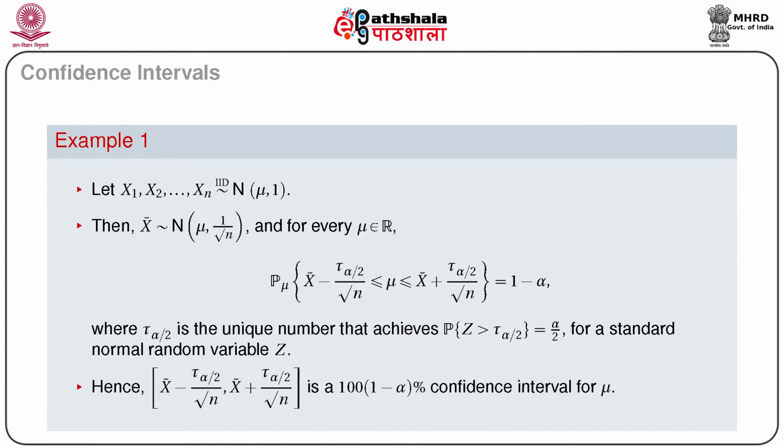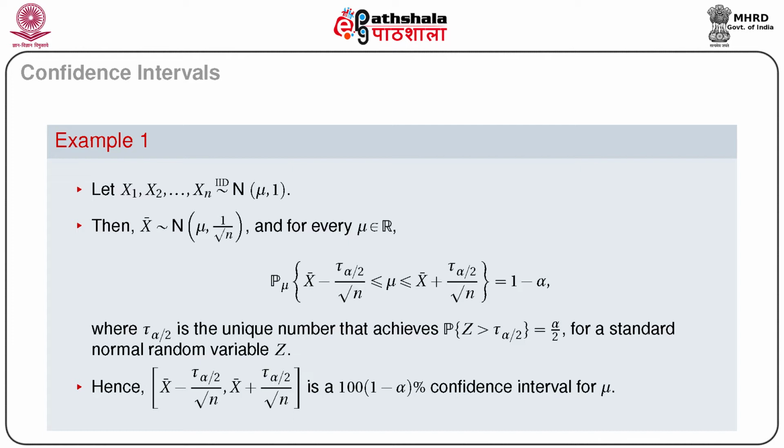Now we know that x bar, which is the sample mean, follows normal(mu, 1/n). Therefore, P_mu(−tau_{alpha/2} ≤ root n (x bar − mu) ≤ tau_{alpha/2}) = 1 − alpha for all mu, where tau_{alpha/2} represents the upper 100 × alpha/2 percent point of the normal 0-1 distribution.